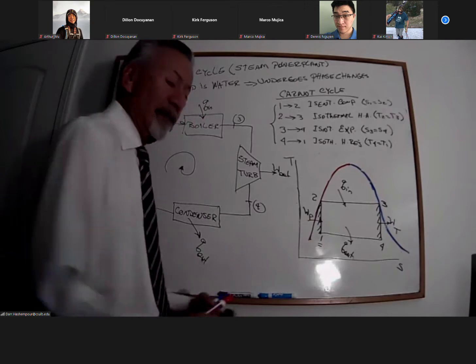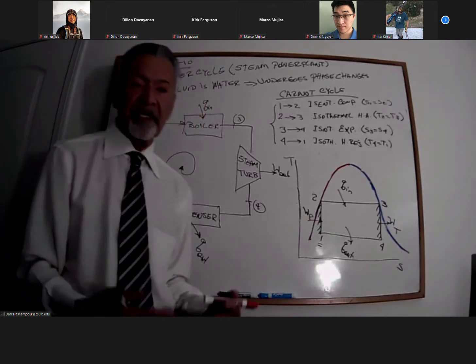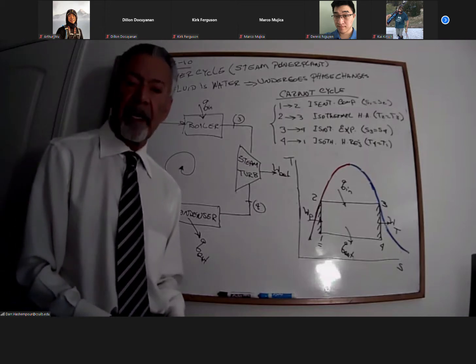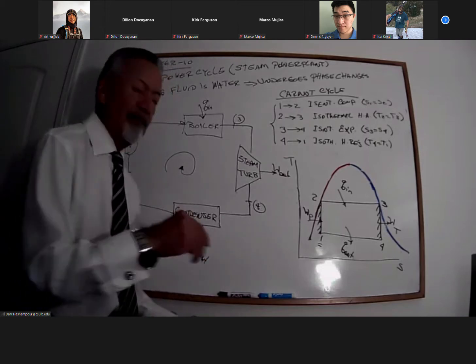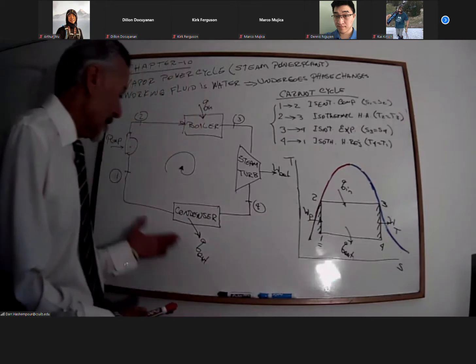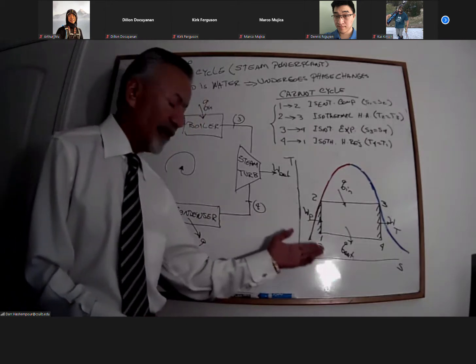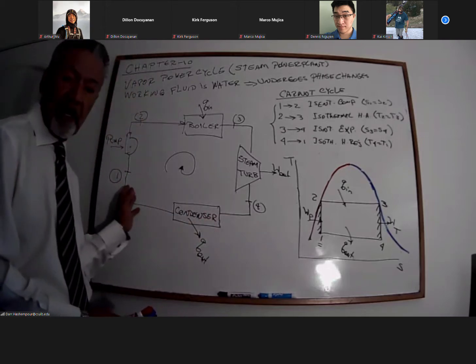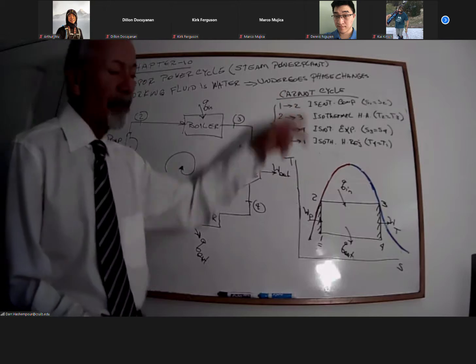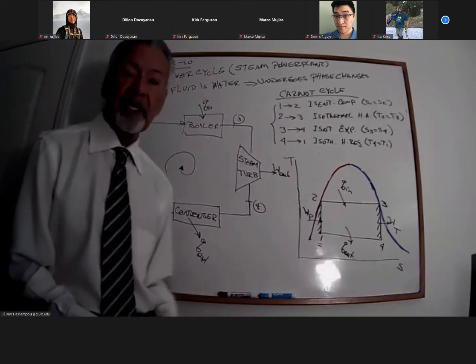We designed the pump to pressurize liquid, including water that we're going to use here. The same way that we cannot introduce liquid to the compressor, here we cannot introduce vapor to the pump. So that's the third flaw in the Carnot cycle. That's why it doesn't work.